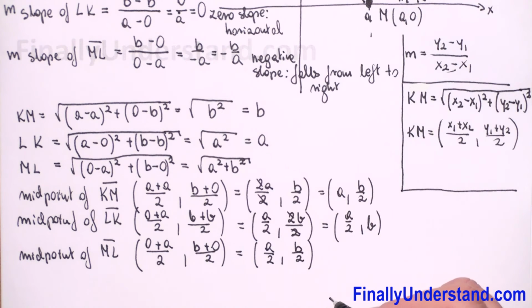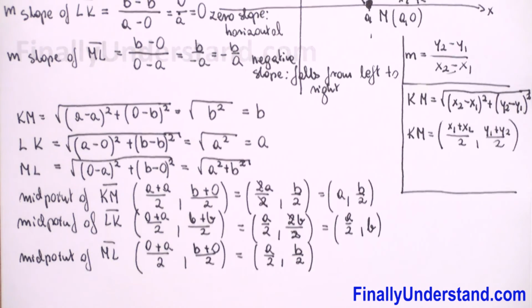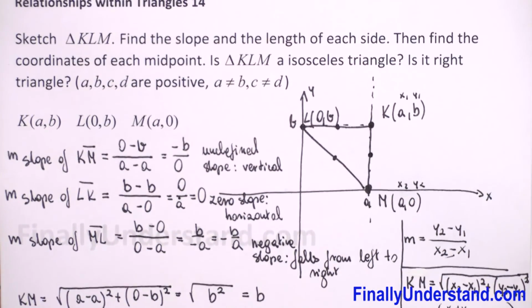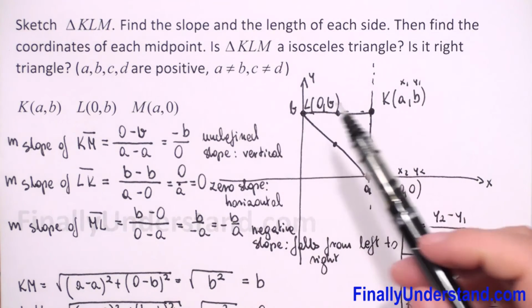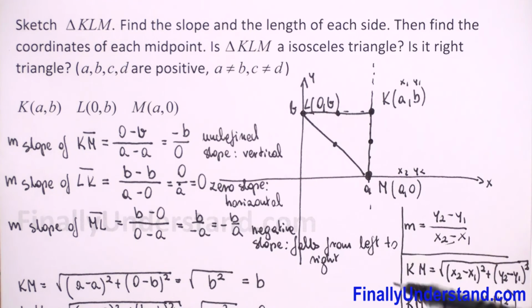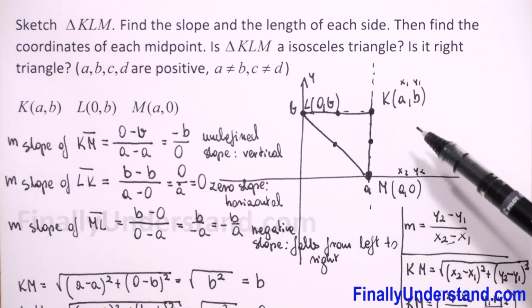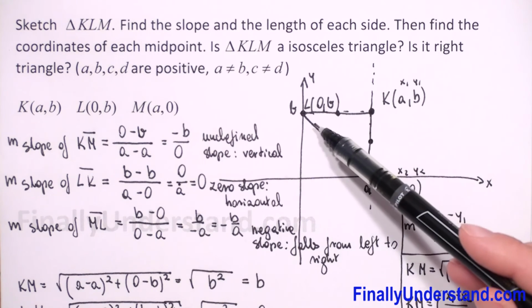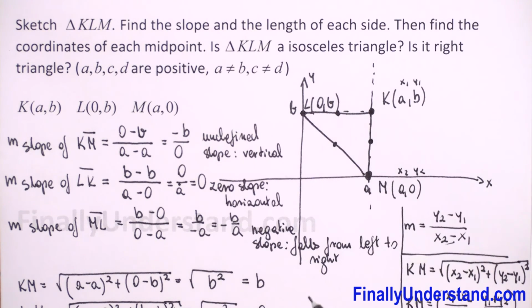So we found the midpoints. Now the next question is: is triangle KLM an isosceles triangle? An isosceles triangle has at least two congruent sides. We found the distances between points KM, ML and LK, and we see that every side is different.